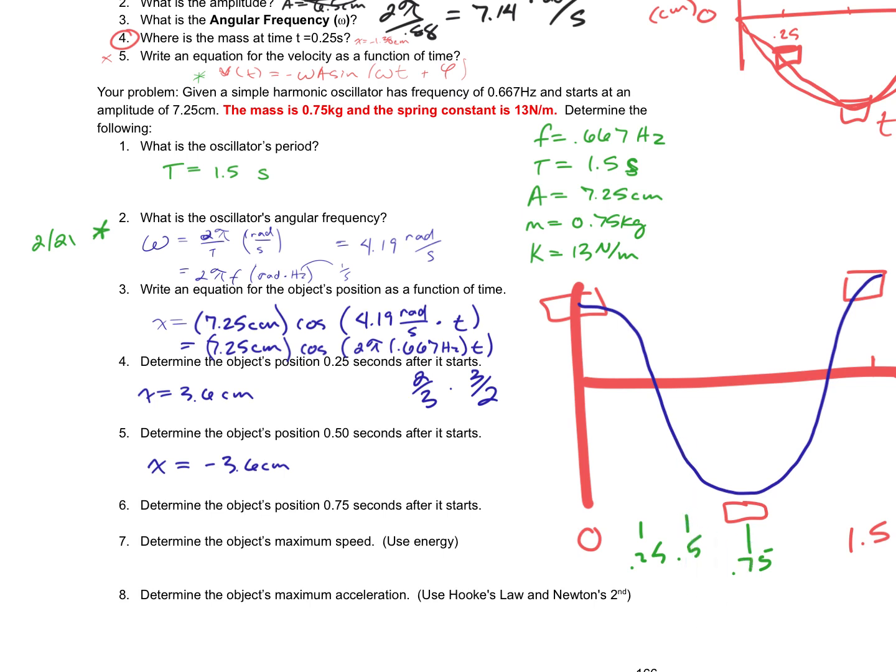And at the 0.75 mark, it's halfway through the period, which means that if it starts at an amplitude of 7.25, it should be at negative 7.25 when it's halfway through its motion. So if this object's position after 0.75 seconds is substituted into this equation, you would show that the position is actually equal to the amplitude, which is negative 7.25 centimeters.